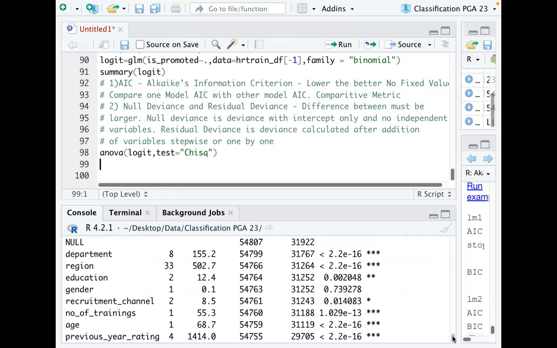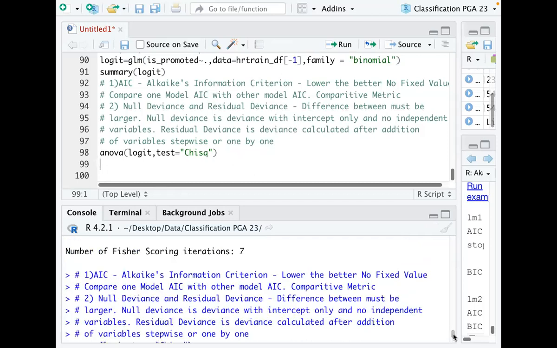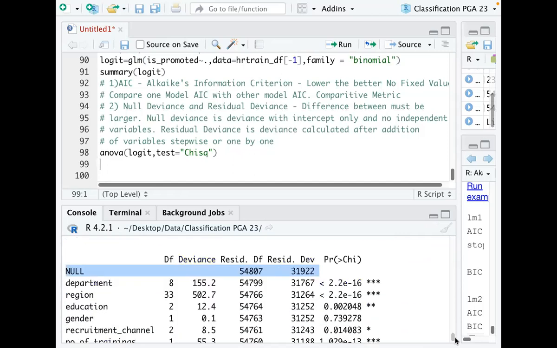So if you see here, the null deviance is 31,922. After the addition of the first variable, department, the deviance reduced by 155, so it came down to 31,767.